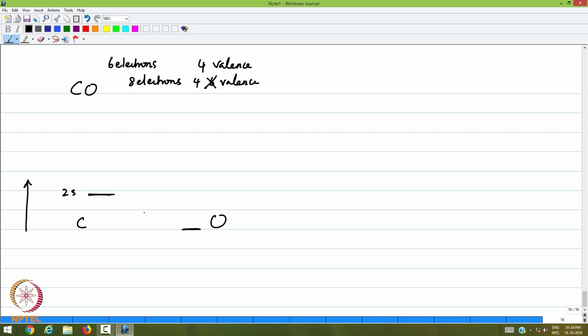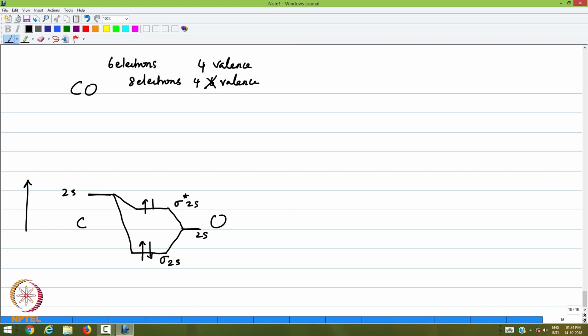Therefore, what you would see is that the sigma 2s, which is of course lower than the energies of either the carbon 2s or the oxygen 2s, and the sigma star 2s is slightly lower than the 2s energy of carbon, but much higher than the oxygen. So, you see that this is sigma 2s, this is sigma star 2s. Okay. And since there are 2 electrons in both carbon and oxygen 2s, we will have all 4 filled up here.